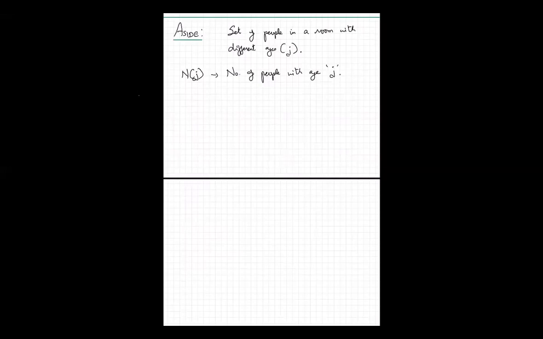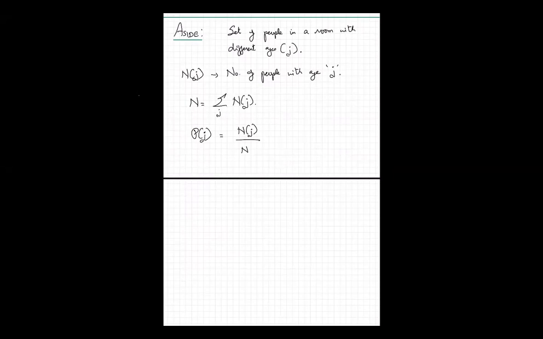So let us say that this is the number of people with age j. Now, obviously, if I sum over all such numbers, I get the total number of people in the room. Now, if I pick out one person at random, the probability of picking out somebody with age j is the total number of people with that age divided by the total number of people in the room.